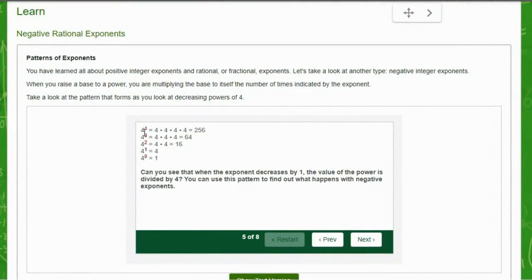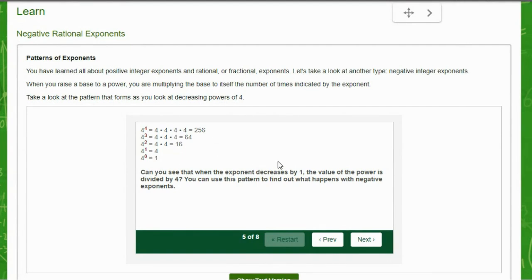Can you see that when the exponent decreases by 1, the value of the power is divided by 4, right? 256 divided by 4 is 64, divided by 4 is 16, divided by 4 is 4, divided by 4 is 1. So can we figure out what happens with negative exponents? That's a really good one.